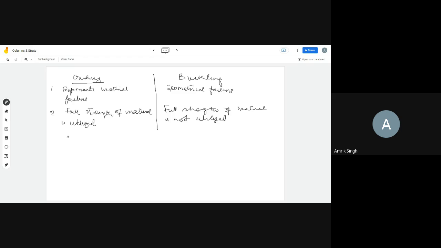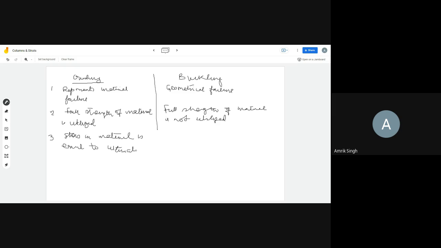Number three, in crushing the stress in material is equal to ultimate stress.